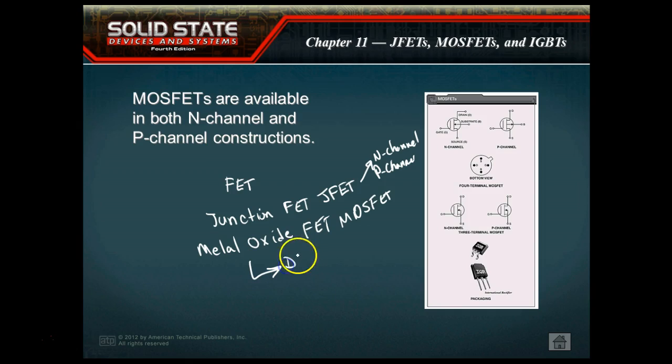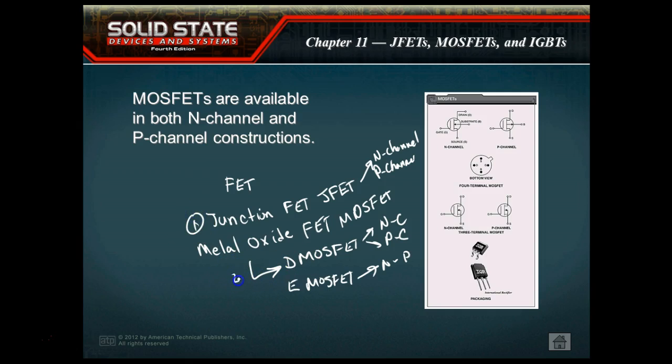We have what we call D MOSFETs, which we'll look at in a minute, which have a P channel and an N channel. And then we have what we call E MOSFETs, which have an N channel and a P channel.